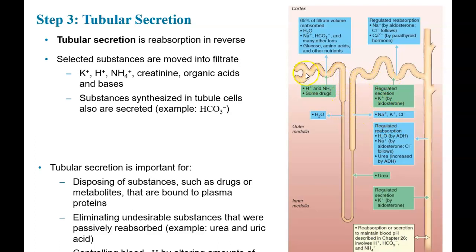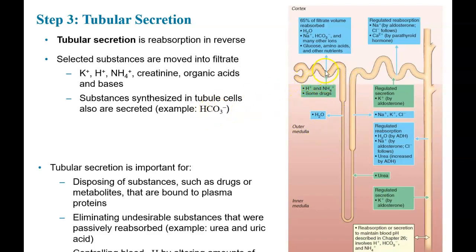So this is where the substances are secreted by the blood vessels and then moved into the filtrate to be excreted by the tubular component of the nephron. So substances could be like potassium, hydrogen ions, ammonium, creatinine, or bicarbonate.